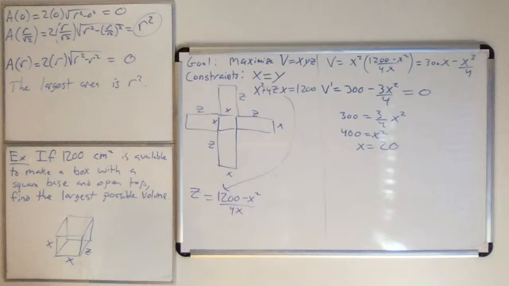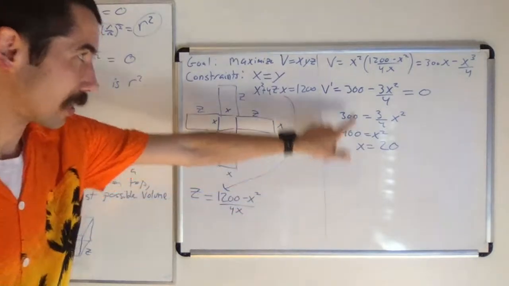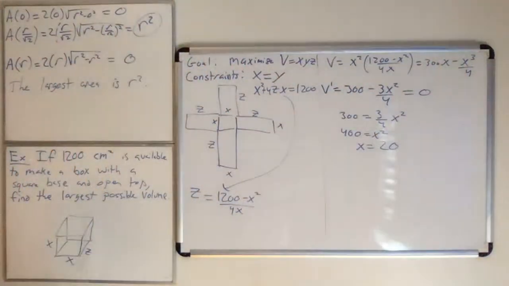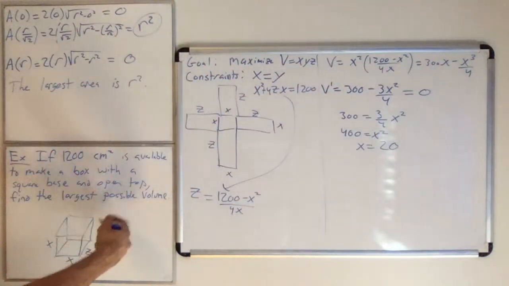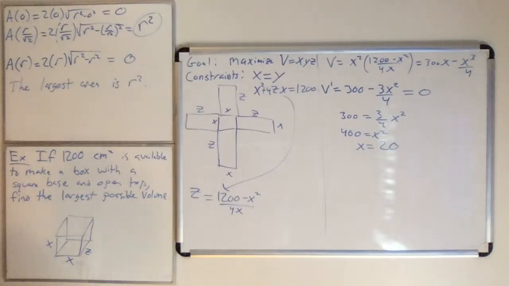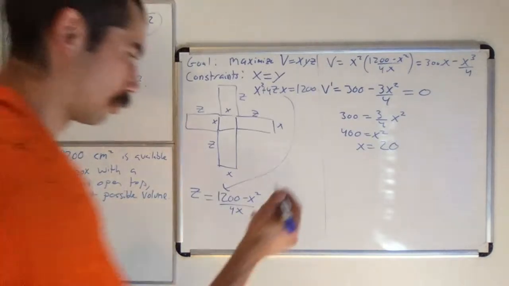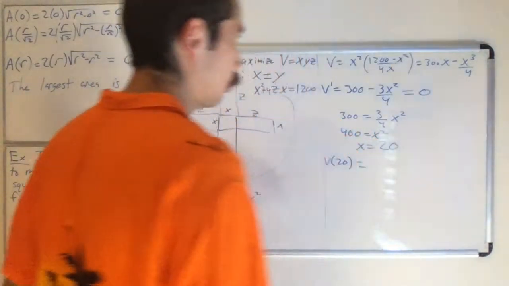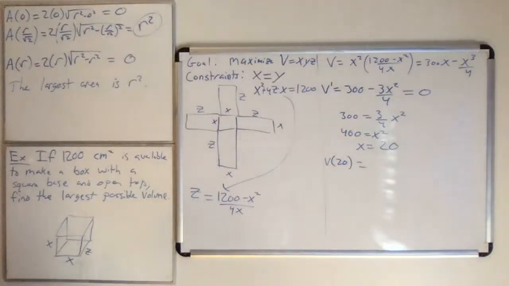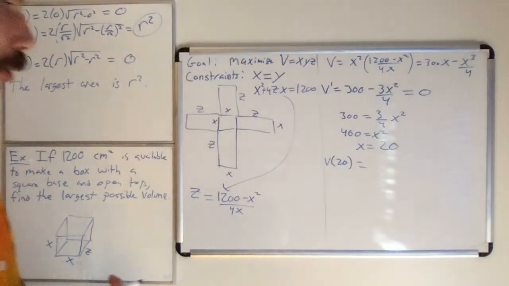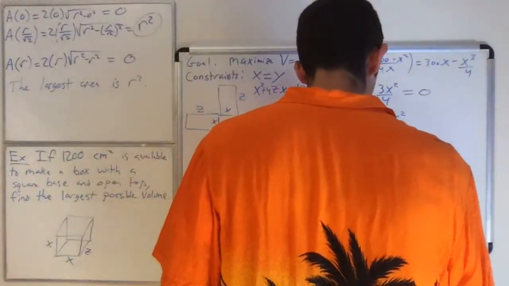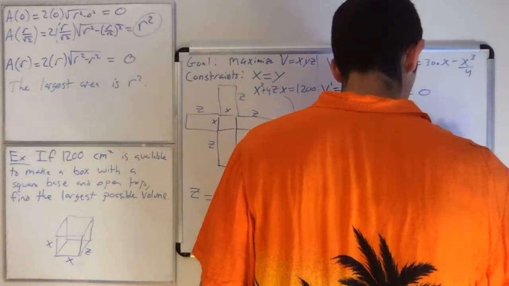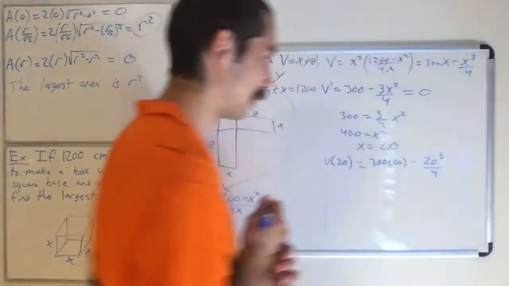Okay, and so we know x and we know the volume as a function of x, so we could find the volume, right? Because our question said find the largest possible volume. Our answer should be a volume. So the answer is v of 20, which is 300 times 20 minus 20 to the third over 4.